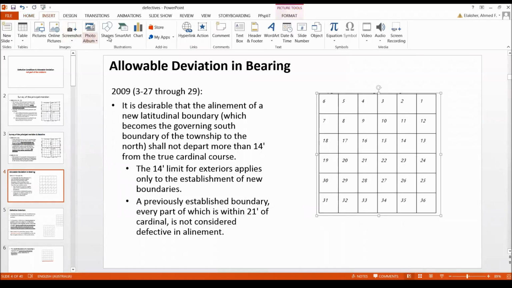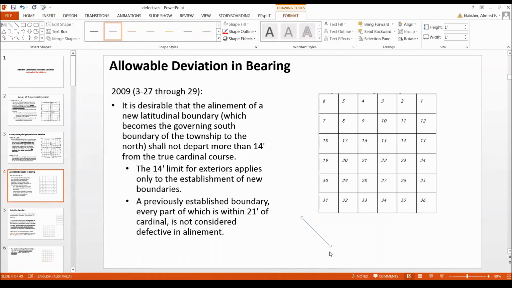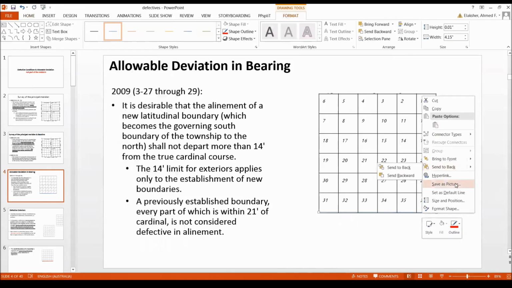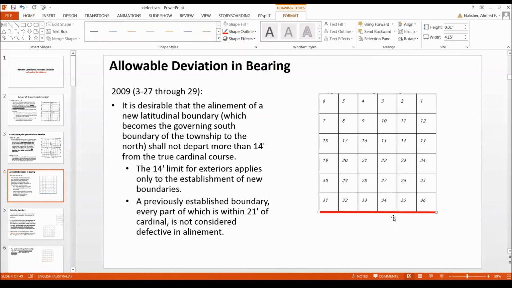The latitude boundary is the south line. So what the manual is telling us here, when you are establishing a new boundary, this southern boundary is very important for us because it is the line that we are going to start all the different subdivisions for the sections from.